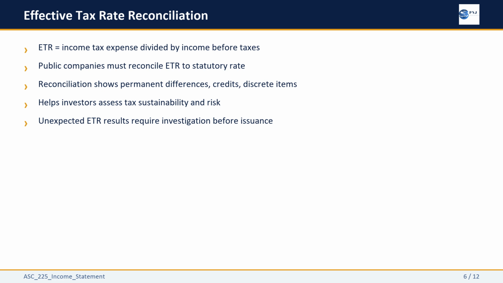Permanent differences like non-deductible meals, tax credits, state taxes, discrete items, and changes in uncertain tax positions all show up here. This reconciliation is how investors and analysts assess whether a company's tax rate is sustainable or driven by one-time factors. An ETR that looks unusually low or high demands documentation.